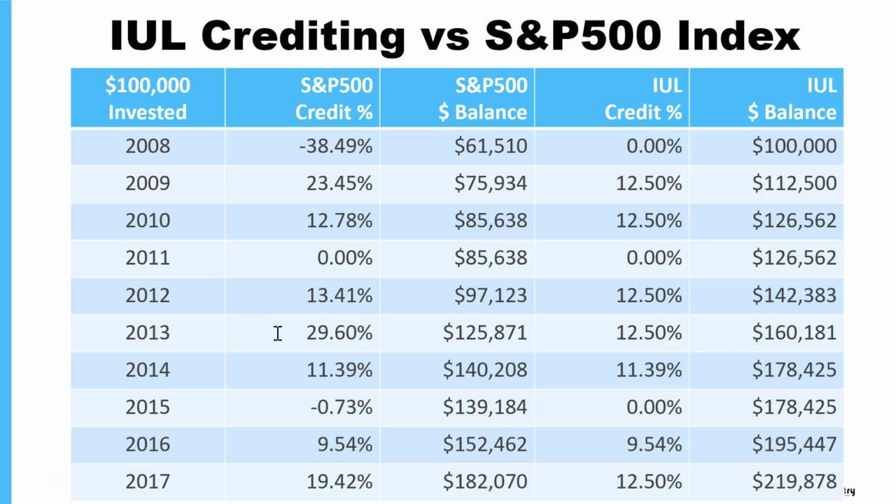In 2013, our S&P 500 went up 29.6%, so that was a nice big jump there. That pushes our S&P 500 dollar balance up to $125,871. On our IUL side, we are again capped at 12.5%, and that pushes our IUL balance up to $160,181.